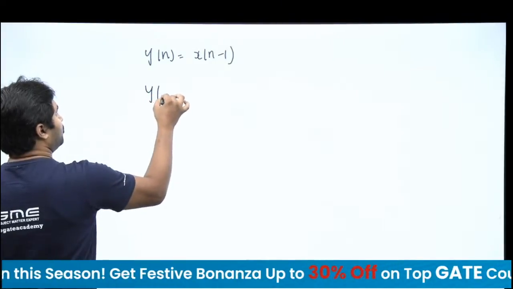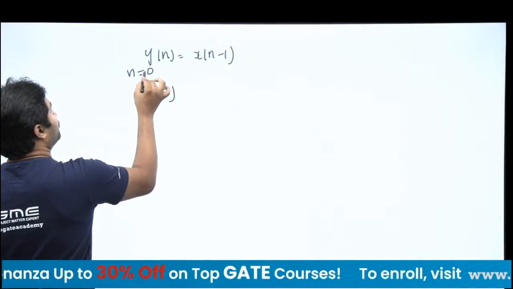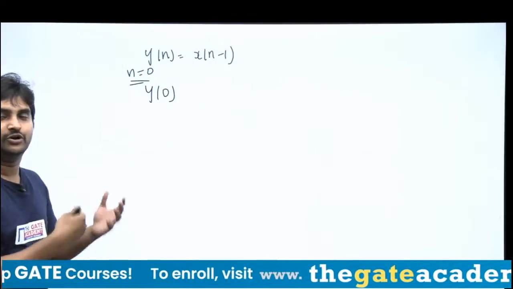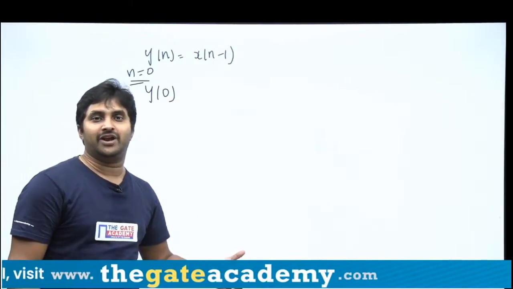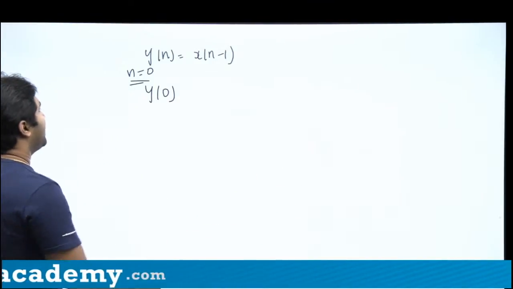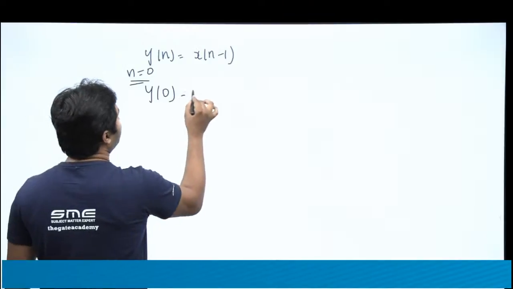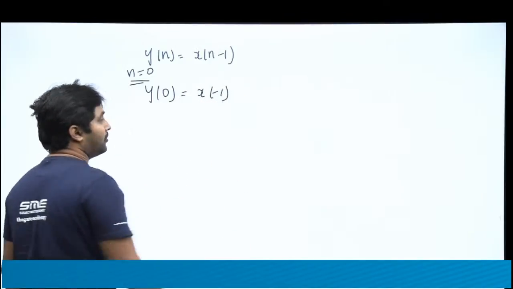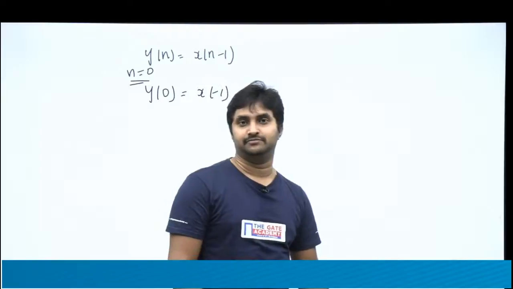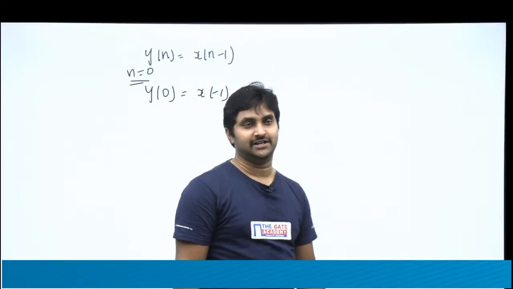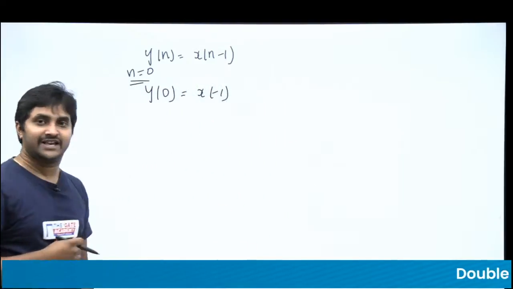y of 0, if I put n equal to 0. We are coming slowly into the mathematical terms, right? n is equal to 0, y of 0 is equal to x of minus 1. What is it? It's a dynamic system. Why, sir?